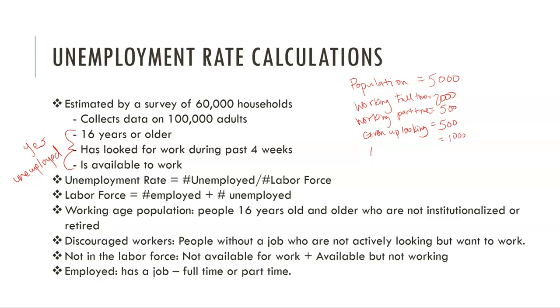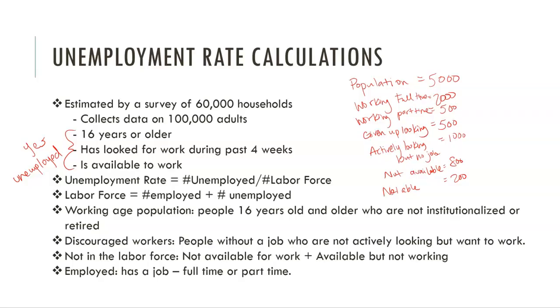There are 1,000 people who are actively looking for work but don't have a job. There are 800 people who are not available. And there are 200 people who are available but not able to work for some reason.